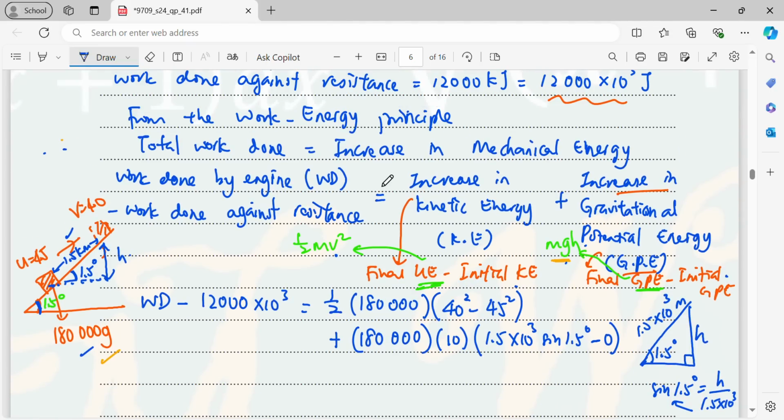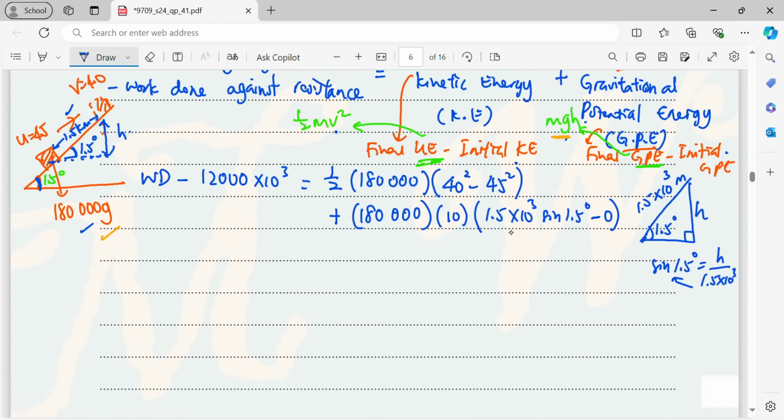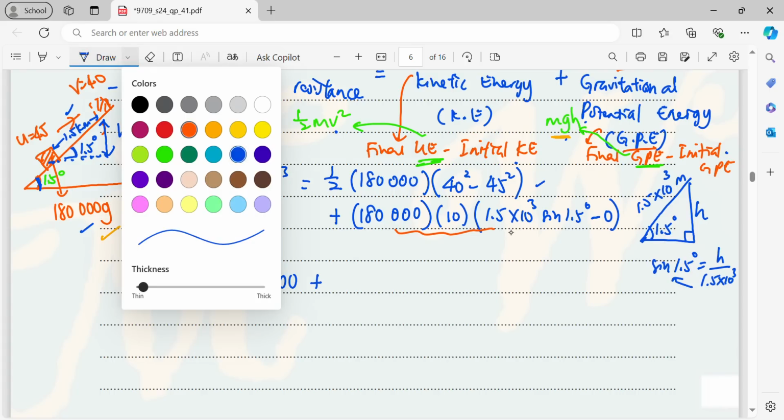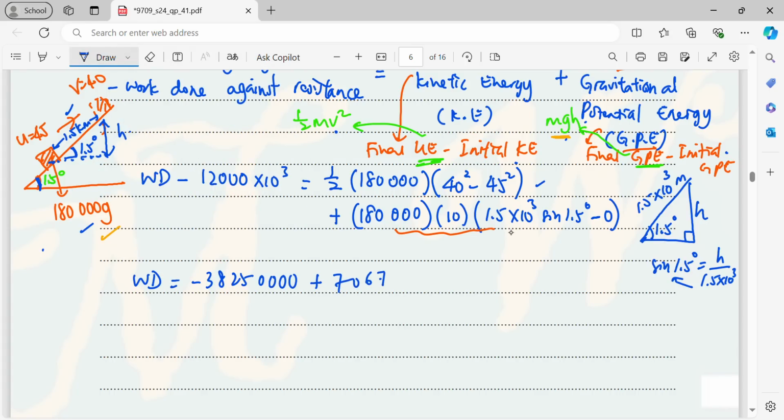Alright, so from here, to find the work done, just move the negative 120,000 times 10 power 3 to the right side and calculate all the rest of the values. So now my work done equals, when you calculate this value, negative 3825 0000, then plus, and when you calculate all this, that is going to be 70,677,760.43, and this negative 12,000 times 10 power 3 will be moved to the right side.